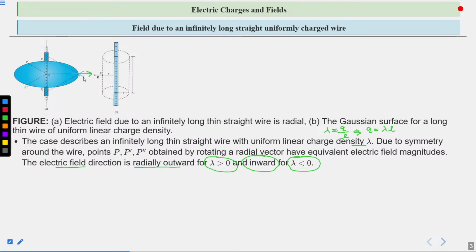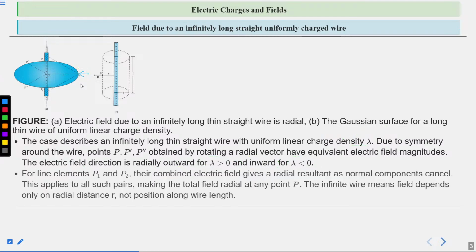Next, we calculate the electric field at point P. For line elements P1 and P2, a line element is a small part of this infinitely long straight wire.